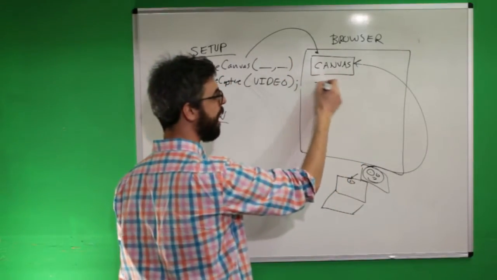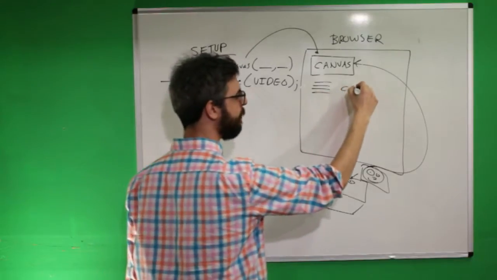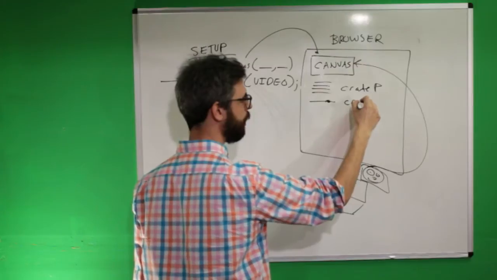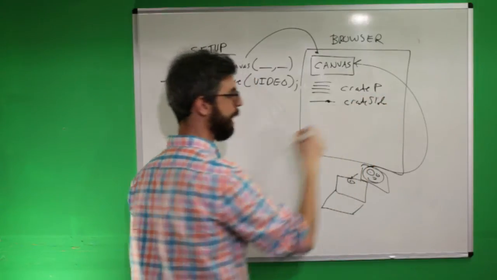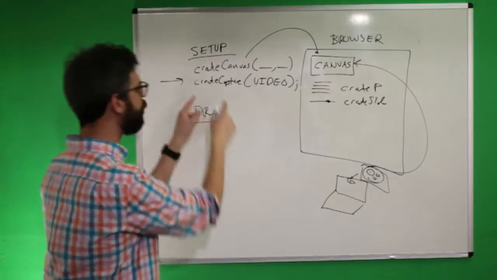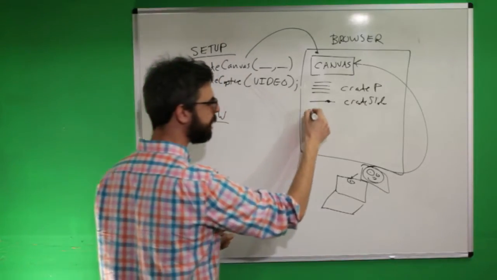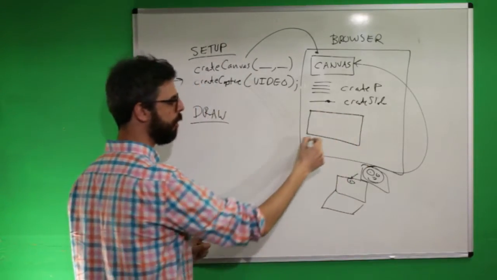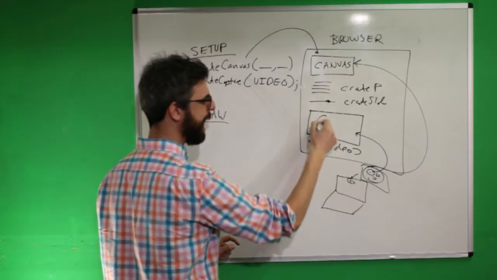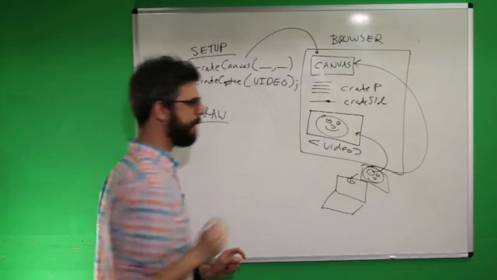As you know, in p5 you can also create a paragraph with createP, a slider with createSlider, a button with createButton. So you can make all these elements that live on the web page, and createCapture actually creates a video DOM element which contains the image from that camera.